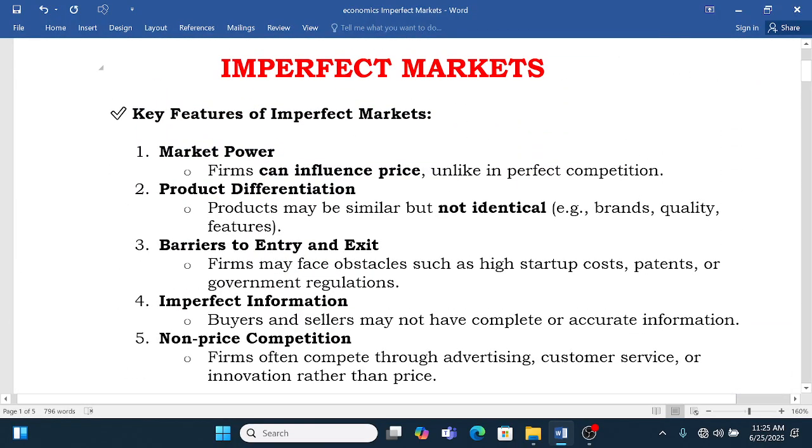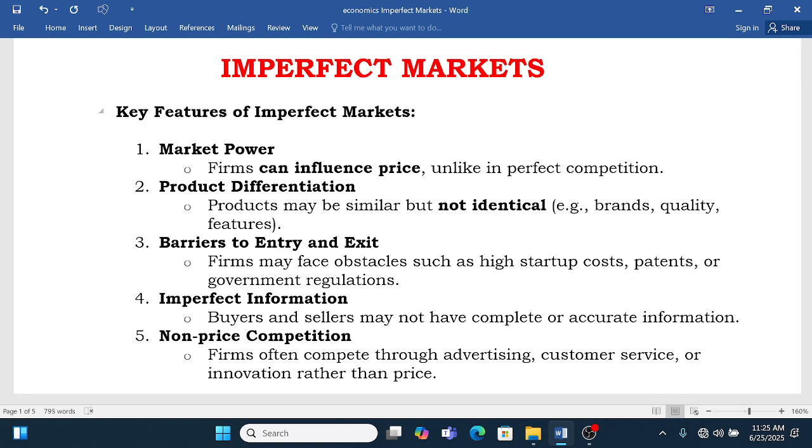We have the key characteristics, or the main features, of the imperfect market. In an imperfect market, there is market power, where a firm can influence price, unlike in perfect competition. There is also product differentiation, where products may be similar but not identical, like brands; quality and even features can be different.